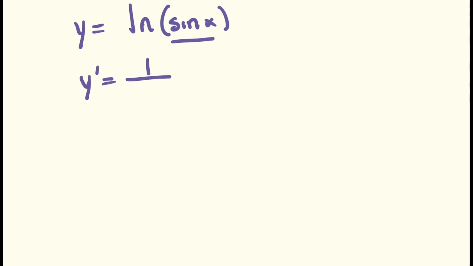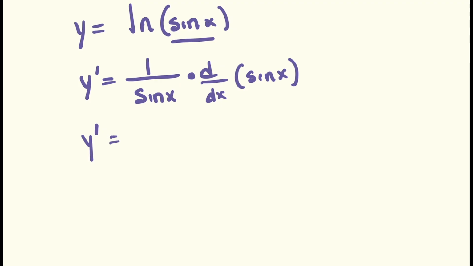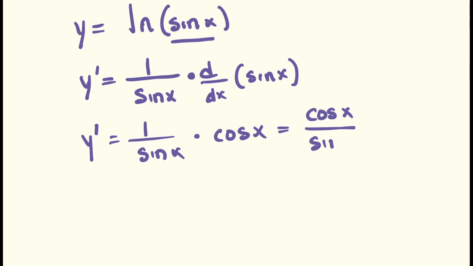So we have 1 over the inside bit times the derivative of the inside bit, so times the derivative of sine of x. So our y prime is equal to 1 over sine of x times cosine of x. In other words, cosine of x over sine of x.